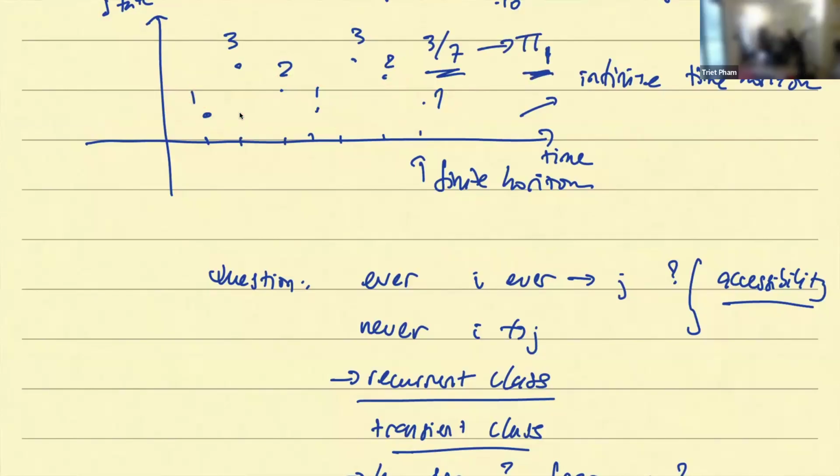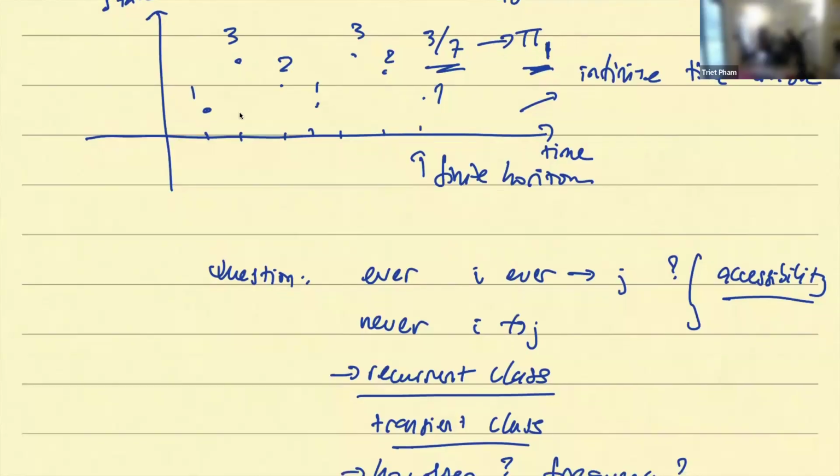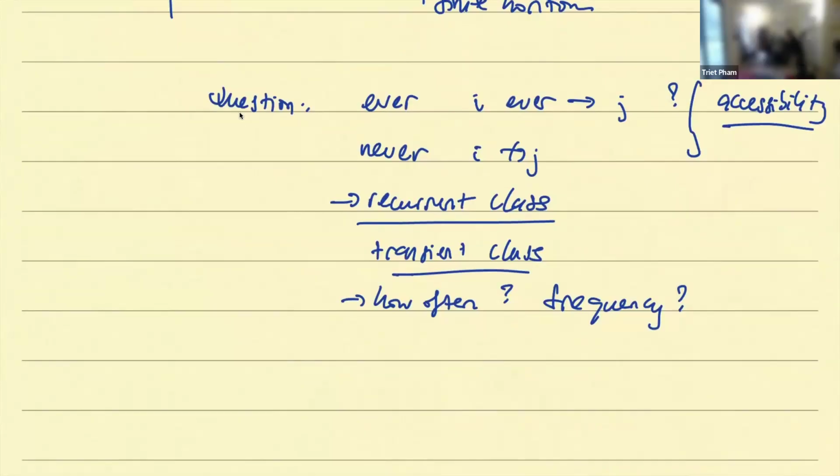namely pi_i, the proportion of time that you visit state i? And that would end up connecting to the idea of ergodic. I don't want to call it theory because that's too much.